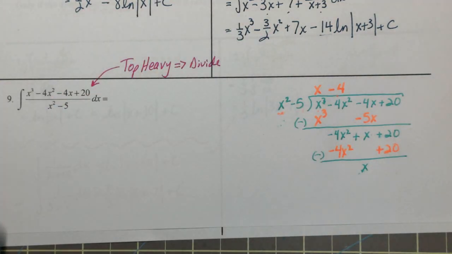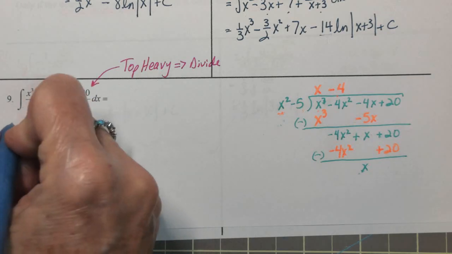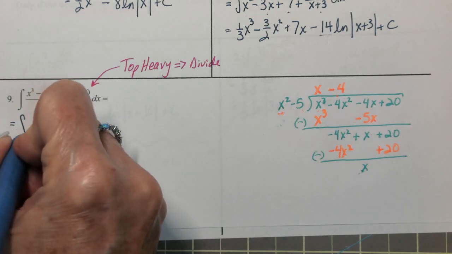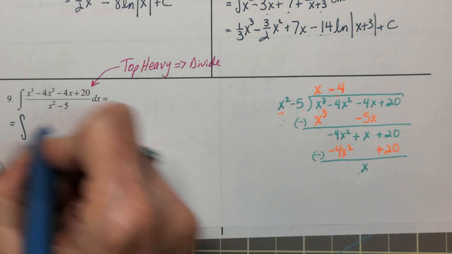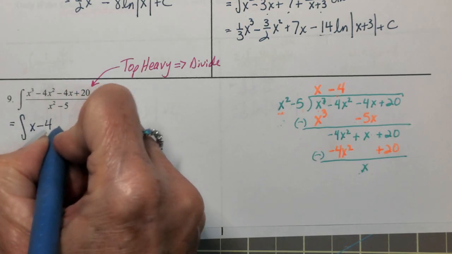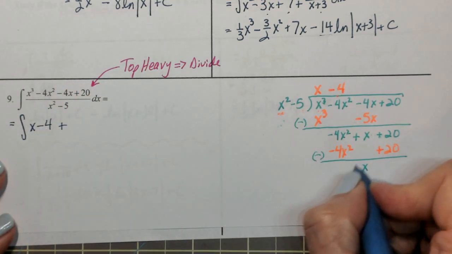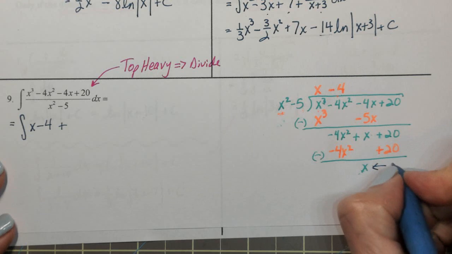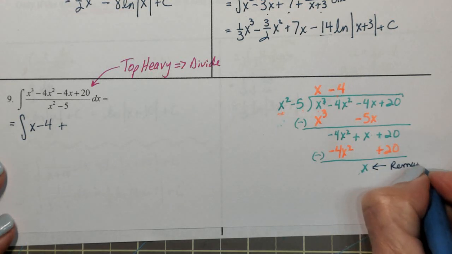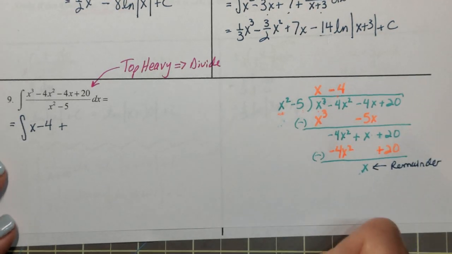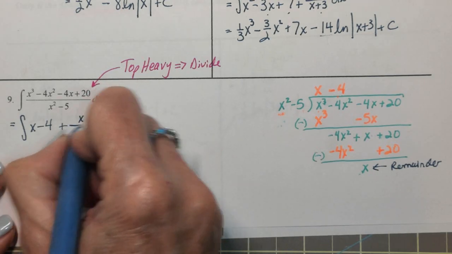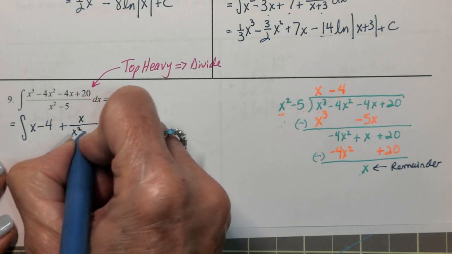I'm going to go back to my integral. We have the x minus 4 plus the remainder. This is the remainder, over the original divisor.